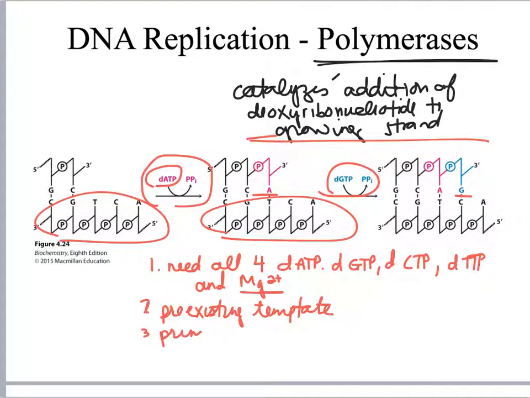So a primer is needed for this DNA polymerase. It's a strand having a 3' hydroxyl group that's bound to the template strand. The addition to the strand occurs by nucleophilic attack by that 3' hydroxyl terminus on the deoxynucleoside triphosphate, and we'll see that here in a second.